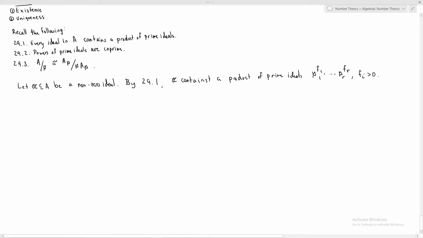Okay. So by the second lemma, 29.2, the collection of Pi to the Fi are all pairwise coprime. So what we're going to do is use the Chinese remainder theorem.